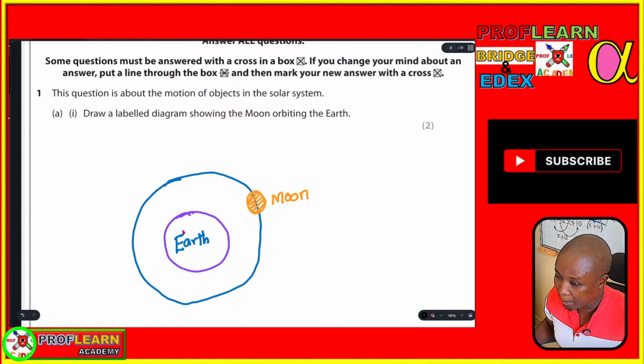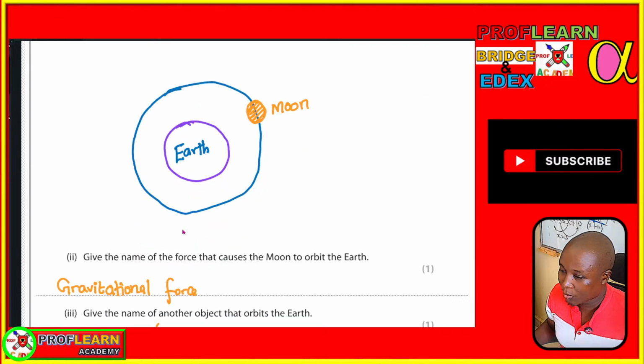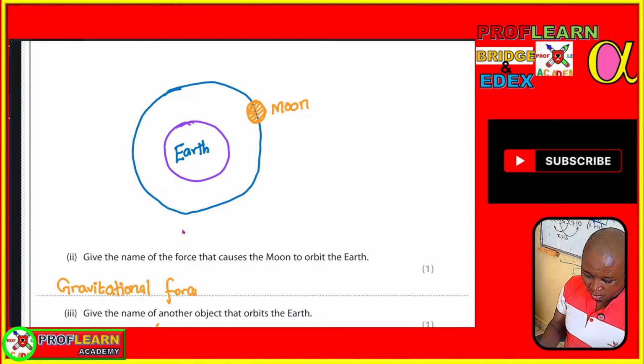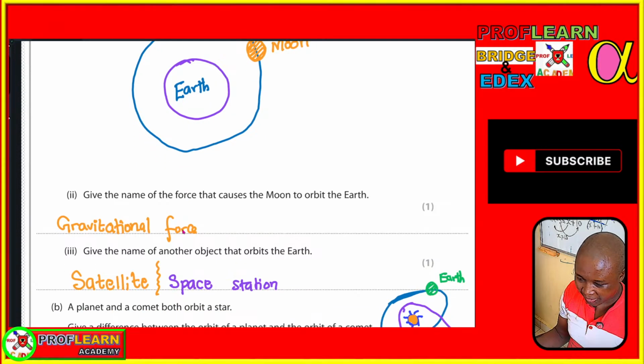So we were supposed to draw the orbit of the moon here, and that is exactly what you need to take note of. Also remember that the orbit of the moon is usually circular, but planets have elliptical orbits.